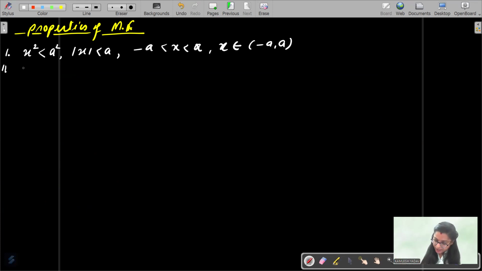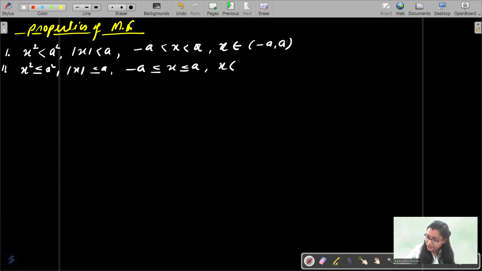Then for the second case, x² ≥ a². So |x| ≥ a, it means -a ≤ x ≤ a. So here x belongs to the closed interval [-a, a]. And for the third case, x² > a², so |x| > a.